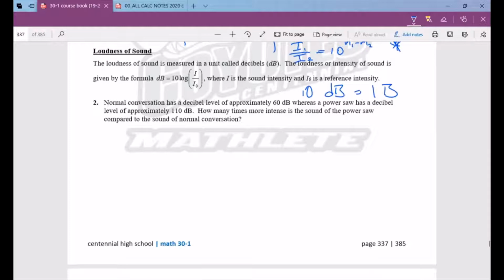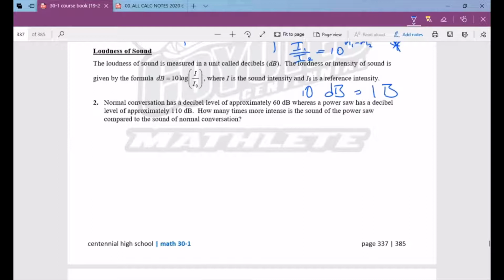But when we're talking about sound, we don't really talk about bells, just because the numbers make more sense to us for comparing small changes in sound. And so we will use decibels in this question.